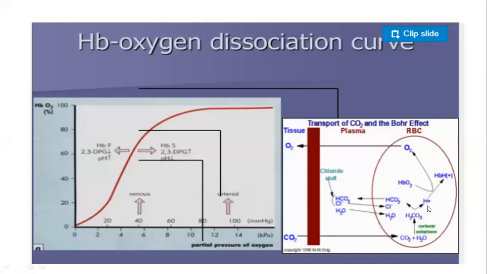The higher the hydrogen ions, the lower the pH, and so the acidity is high. But what I'm trying to demonstrate is that when carbonic acid is broken down into bicarbonate and hydrogen ions, the hydrogen ions get bound to hemoglobin.